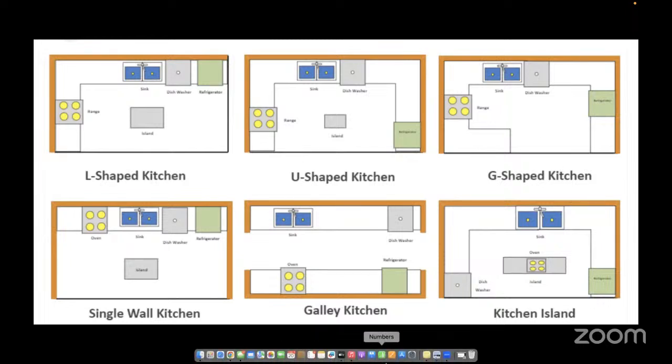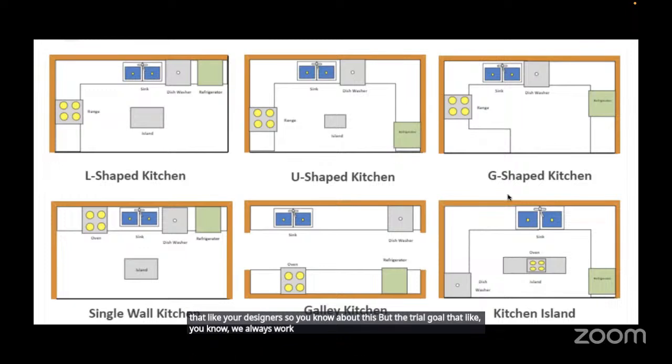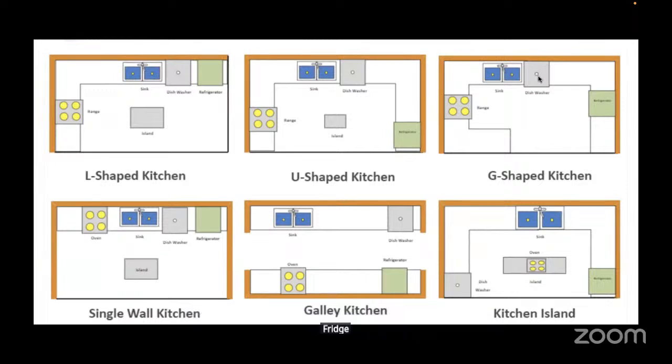Also, a quite important thing when we are creating our kitchen, and I'm sure your designer knows about it, is the triangle that we always work with in the kitchen. It's basically your sink, your hob, and your fridge, or you can add to that group even your dishwasher.